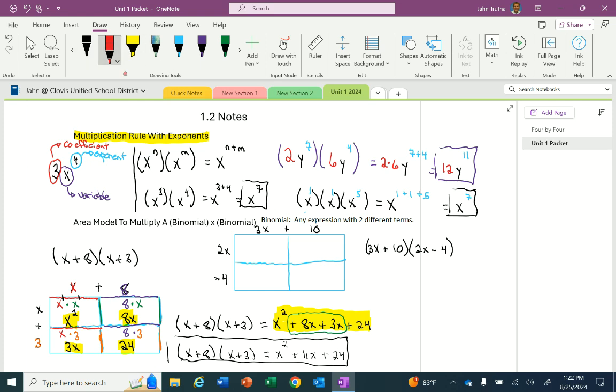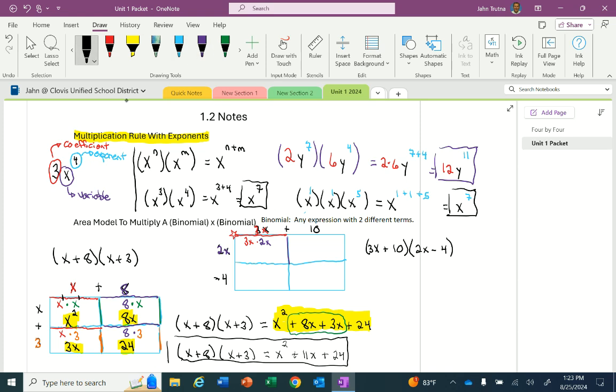And then I'm always going to take the length of each rectangle, which will be 3x in this top left rectangle, and I will multiply it with the width of each rectangle, which in this top left rectangle is going to be the 2x. So to figure out what goes in that top left rectangle, I go length times width, 3x times 2x.